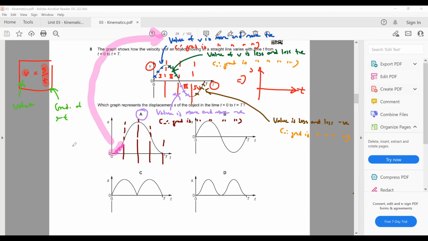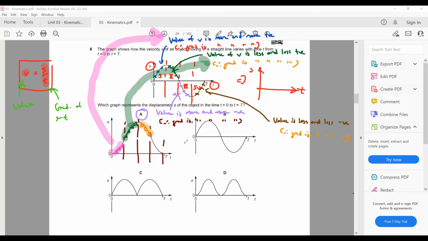Then if I look at the other one, this shape here, the gradient is also still positive, but notice that it's becoming less and less steep. It's becoming less and less positive. This is actually describing this. And then you look at this one: now you have a negative gradient, but it is becoming more and more steep.